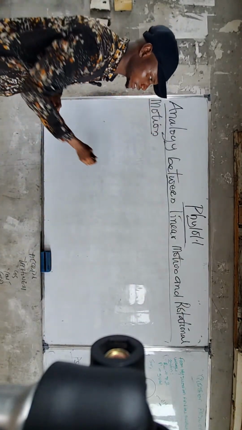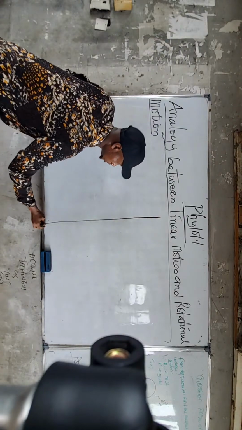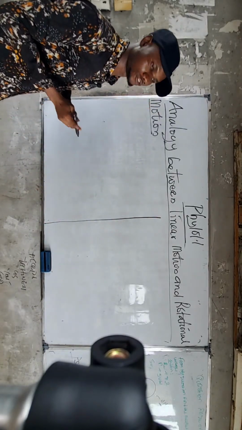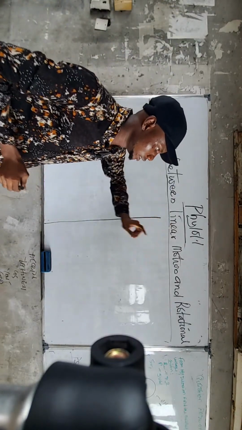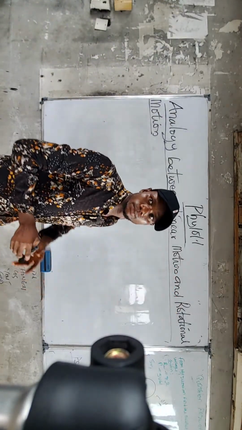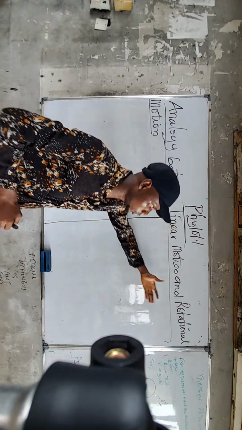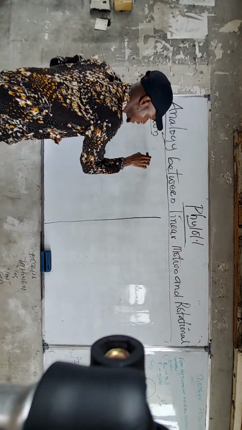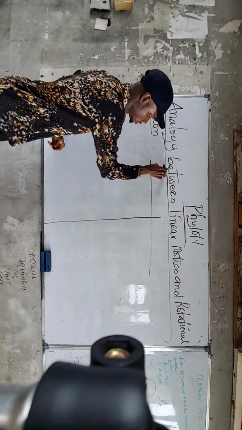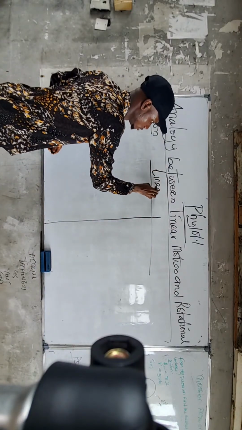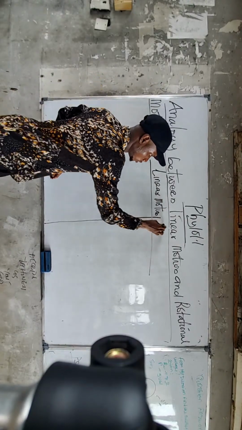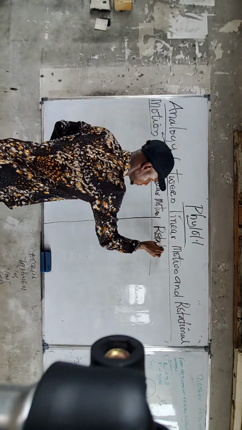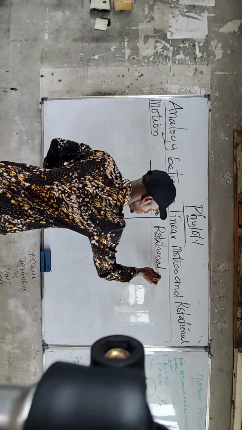Now let's try to know the analogy here. From here, we can know the formulas in terms of using what we know, which is linear, to get what we don't know. Using what we know to get what we don't know. Now let's try to get the relationship. This is for linear motion. This is for rotational motion.